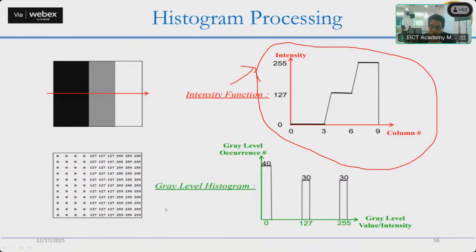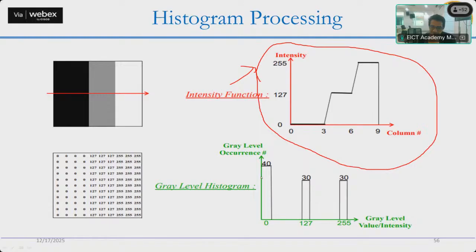One thing is clear, that there is a change. What is the change? Three intensities are there: 0, 127 and 255. That is absolutely right. So this part is fine on the x-axis.